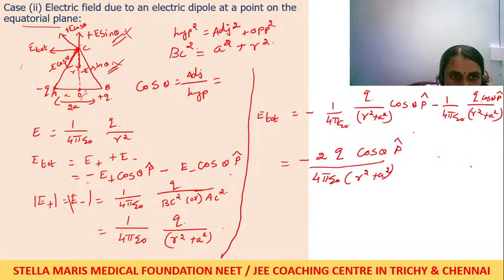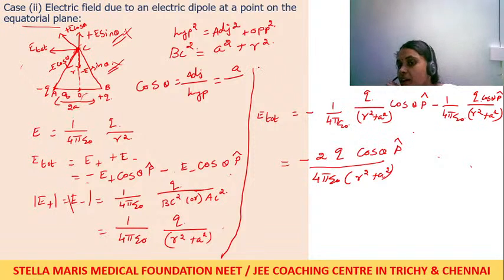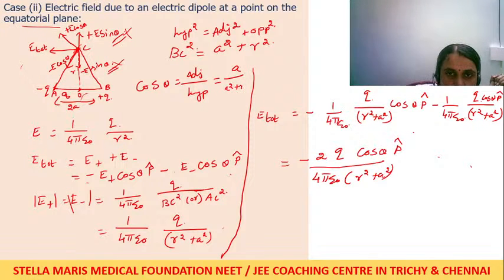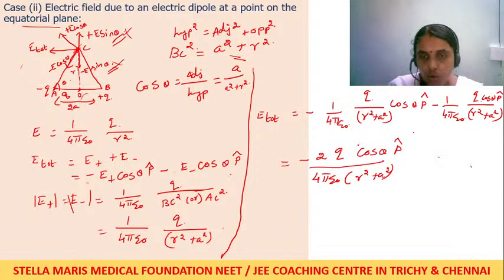When we take the theta value here, the adjacent side is A, divided by the hypotenuse side, which we have found out is the root of A squared plus R squared. So we are just going to substitute here.